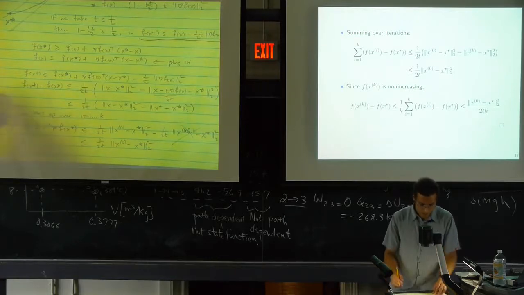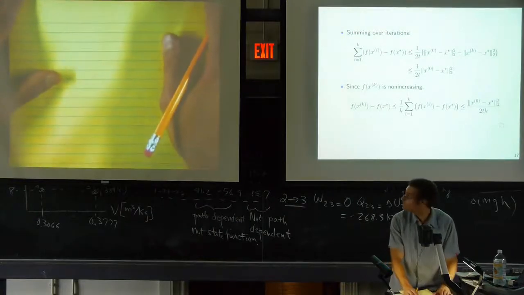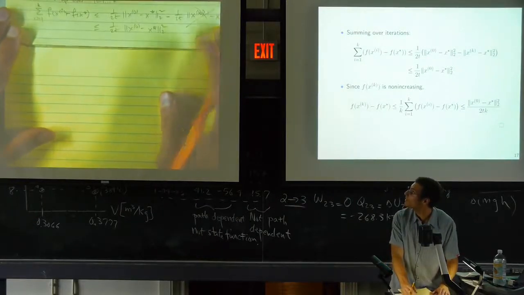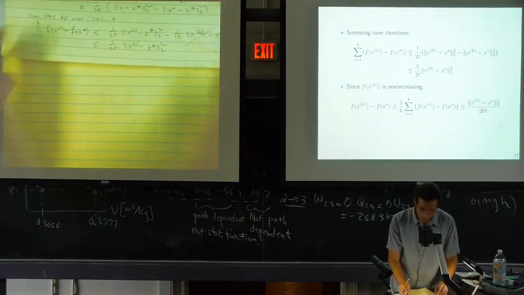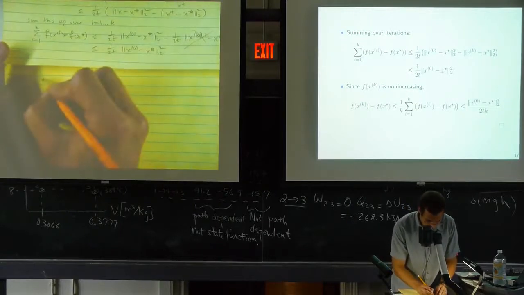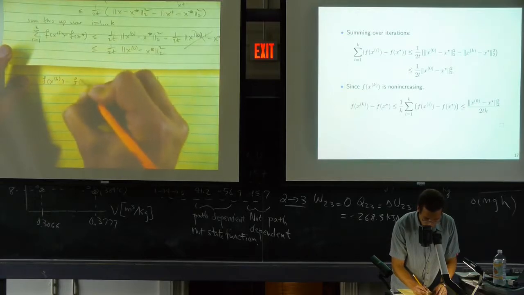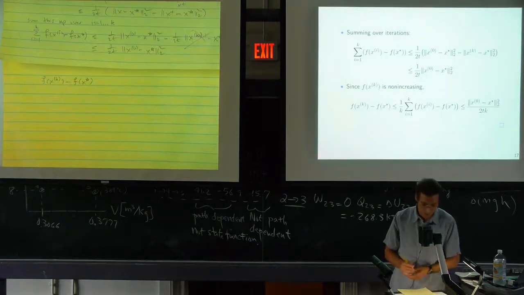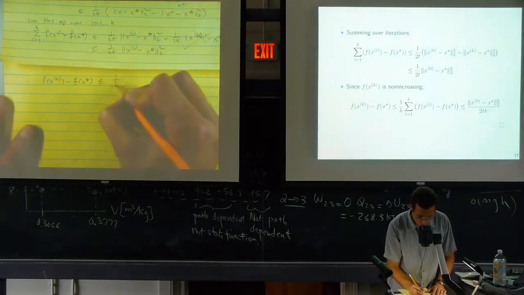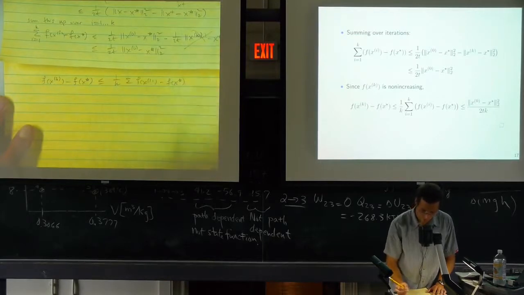And finally, we use the fact that because f was decreasing in every iteration, if I look at f of xk minus f of x star, that's less than or equal to 1 over k times the sum of f of xi minus f of x star.